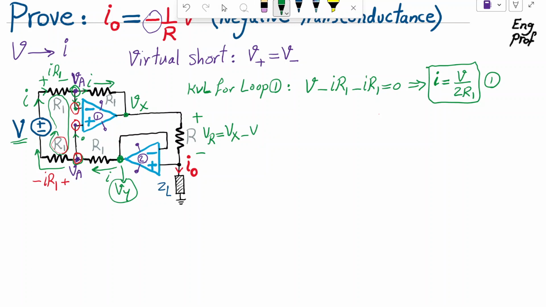Okay, so how can we utilize this? Well, what is Vx minus Vy? Take a look at what's happening.